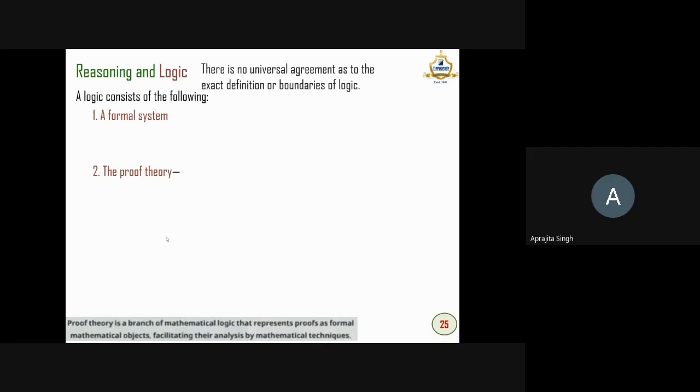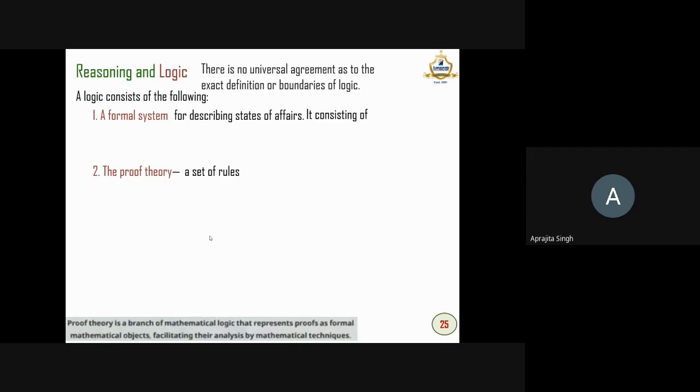So logic consists of the following. What is a formal system? A formal system for describing certain affairs. We have certain syntax, we have certain semantics. Okay, A is equal to B, so A and B are the same, something like that.